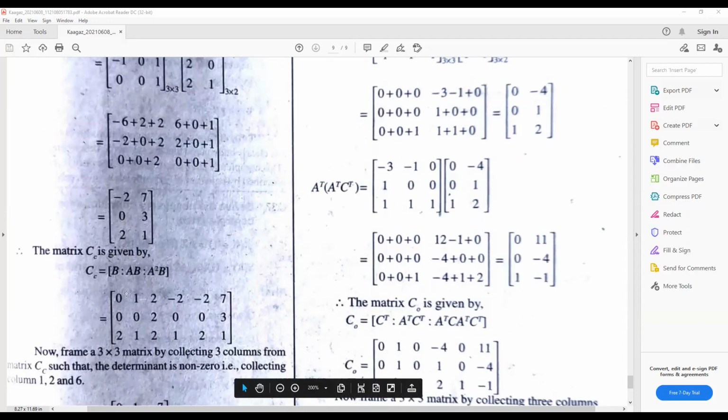Here we can take any 3 columns. B matrix is 0, 1, 0, 0, 2, 1. AB matrix is 2, minus 2, 2, 0, 2, 1. A square B is minus 2, 7, 0, 3, 2, 1.